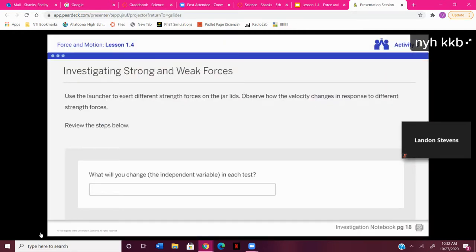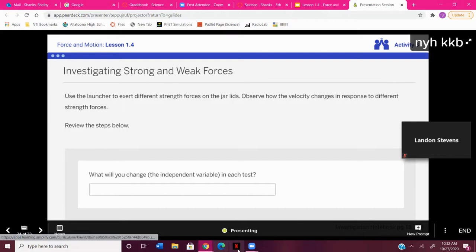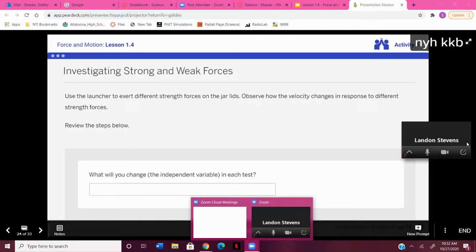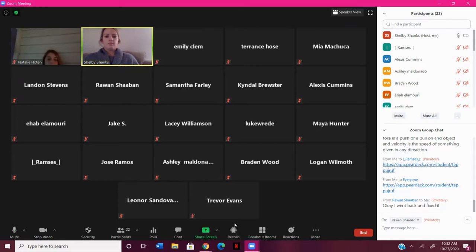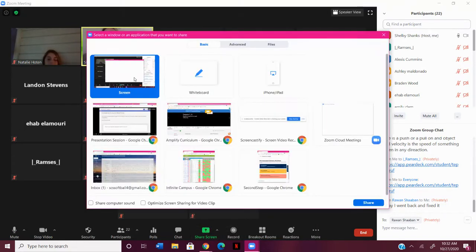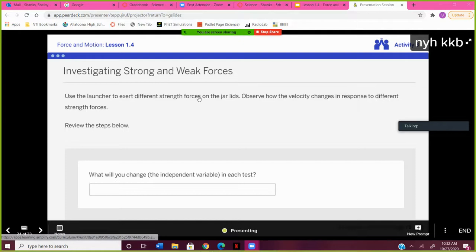I'm going to share my screen and go into Amplify. If you press on that screen on our Pear Deck, it'll take you into Amplify on tab 3.